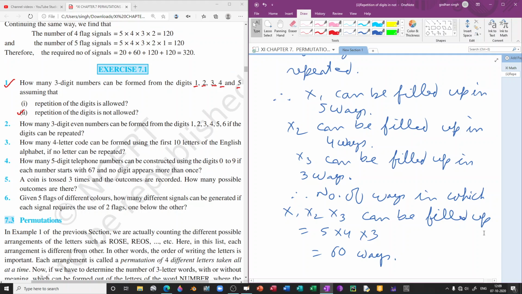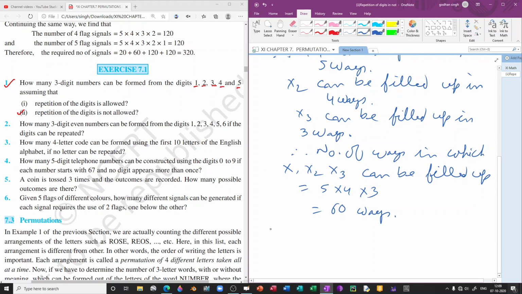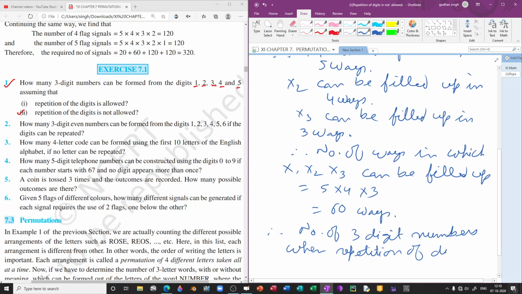Therefore, the number of 3-digit numbers when repetition of digits is not allowed is equal to how many ways? 60 ways.